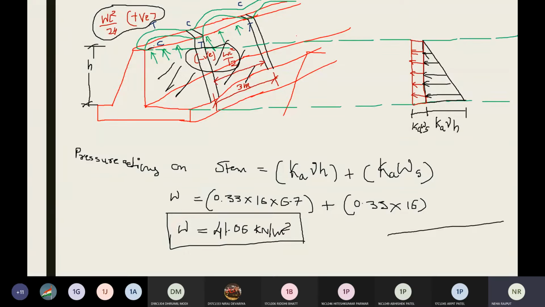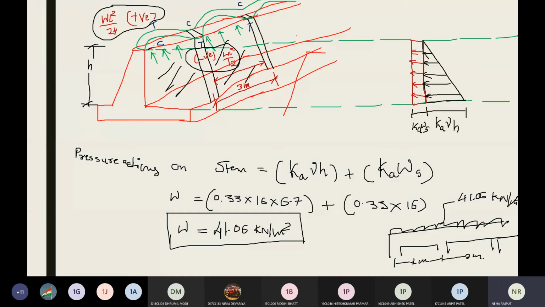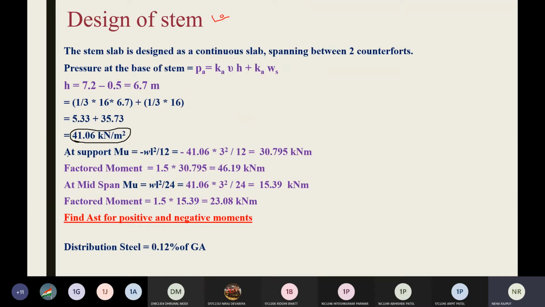If this is your stem part and these are the counterfort members, then this is facing some load of 41.06 kilonewton per meter square, and the distance is 3 meter center to center between the counterfort members. Now you are going to find the moment at the midspan and the moment at the support. That calculation I also have over here.